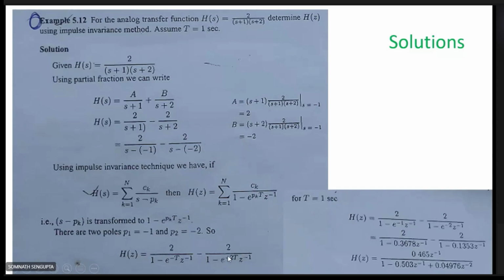And their coefficients c1 and c2, that's our A and B, so 2 and minus 2 are there. So it is 2 by 1 minus e to the power minus T z inverse minus 2 by 1 minus e to the power minus 2T z inverse.